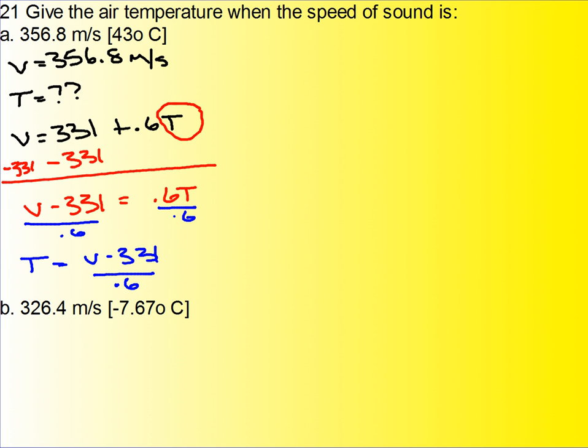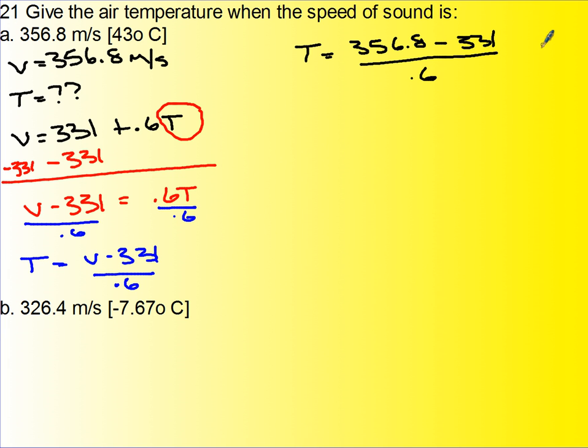Now for both of these examples, I'll show you how to do the solving. Here V is 356.8, so T is 356.8 minus 331, divided by 0.6.